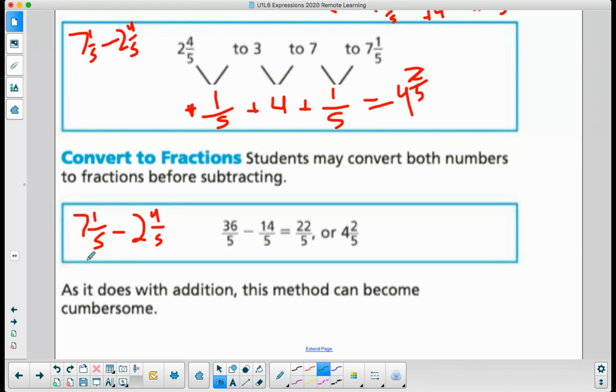Well, I'm going to use the most efficient way for me. 7 wholes multiplied by 5 would be 35/5. Plus 1 more fifth that I already had gives me 36/5.